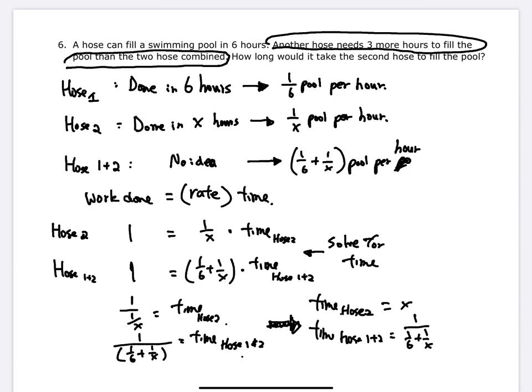So this leads to x minus 1 over (1/6 plus 1/x) equal to 3. Because this is the time for the hose 2 and the time for hose 1 plus 2.